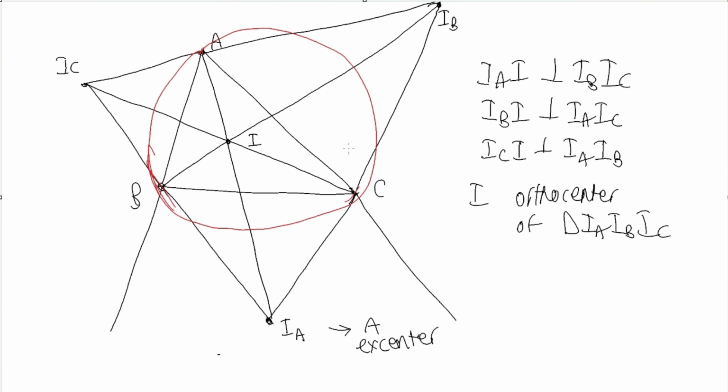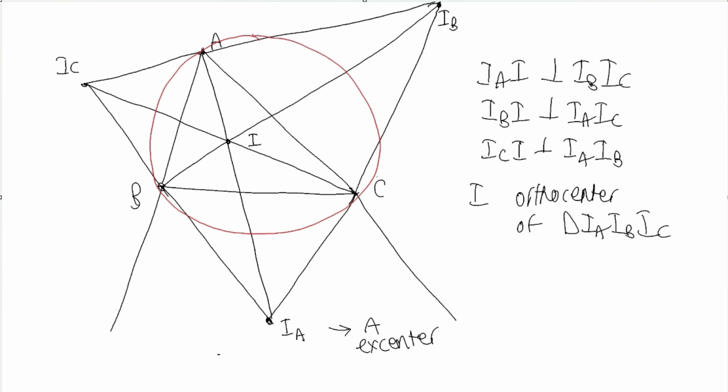So A is the foot of the altitude from I_A to I_B I_C, and so similarly for B and C. So therefore, this means that we're drawing the circumcircle of the triangle formed by the feet of the altitudes. And this triangle should be familiar from the configuration review I did earlier. In other words, this circle here is just the 9-point circle of I_A I_B I_C. So if I draw the circle slightly better, it should be something like this.